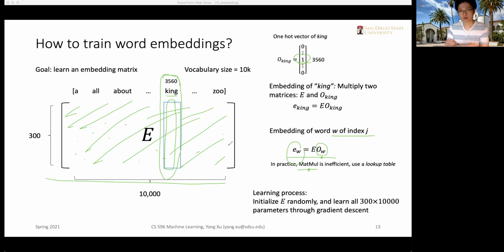Then it needs to be trained through gradient descent. That means we will need to use the vectors for each word, and we use that to construct some sort of training goal, right? Which consists of some loss function, for example, and that loss will be used to generate the gradients that are used to update the values for the embedding vectors.